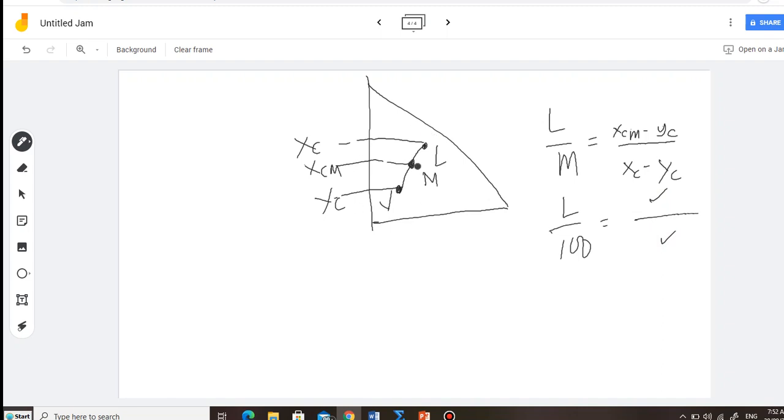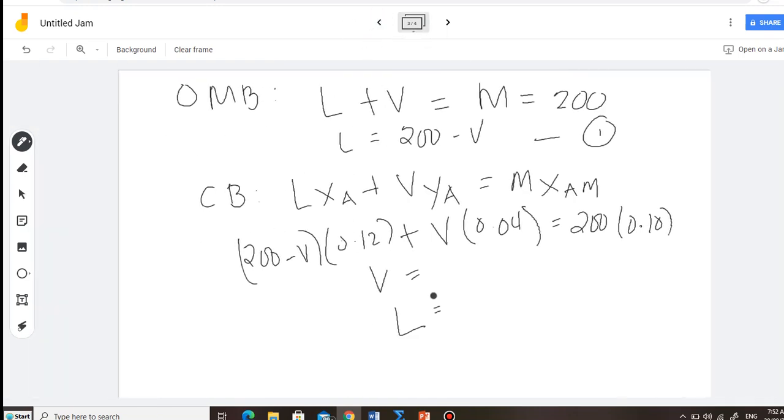In the case of M, you have to read it because in the problem, it's only XAM that is given. Once you have the L, then you can determine the V. You just have to subtract it from the value of 100. That's how you determine the solution for sample problem number 2 using the inverse lever arm rule and using a purely analytical approach.